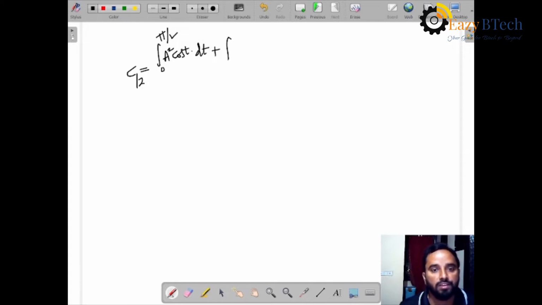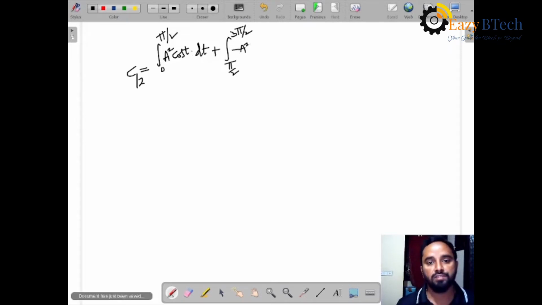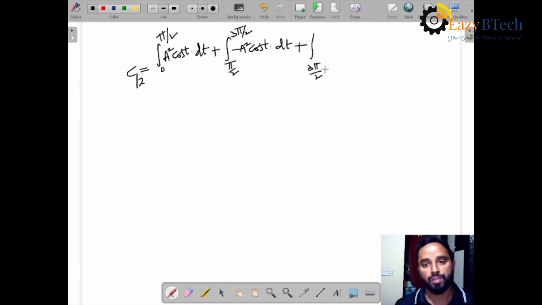Plus from pi by 2 to 3 pi by 2: x1 is minus a and x2 is a cos t, so it becomes minus a square cos t dt. Similarly from 3 pi by 2 to 2 pi: x1 is a and x2 is a cos t, so it becomes a square cos t dt.